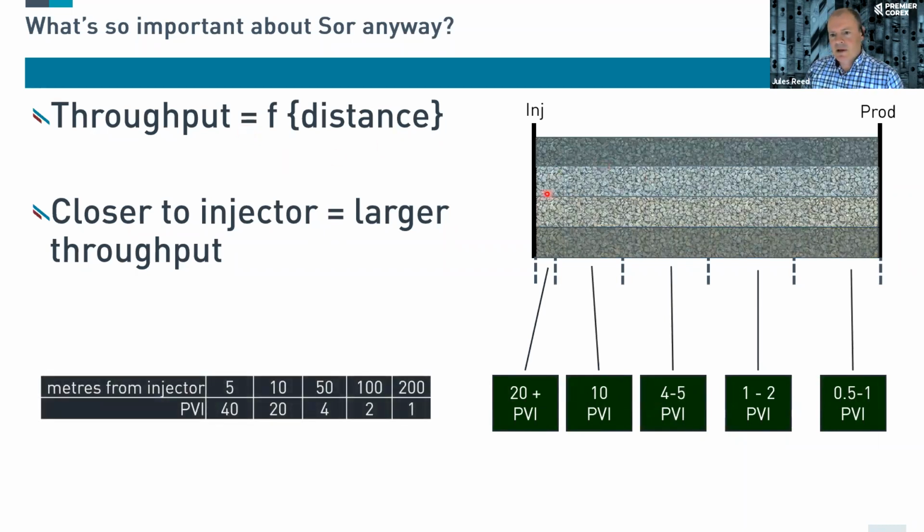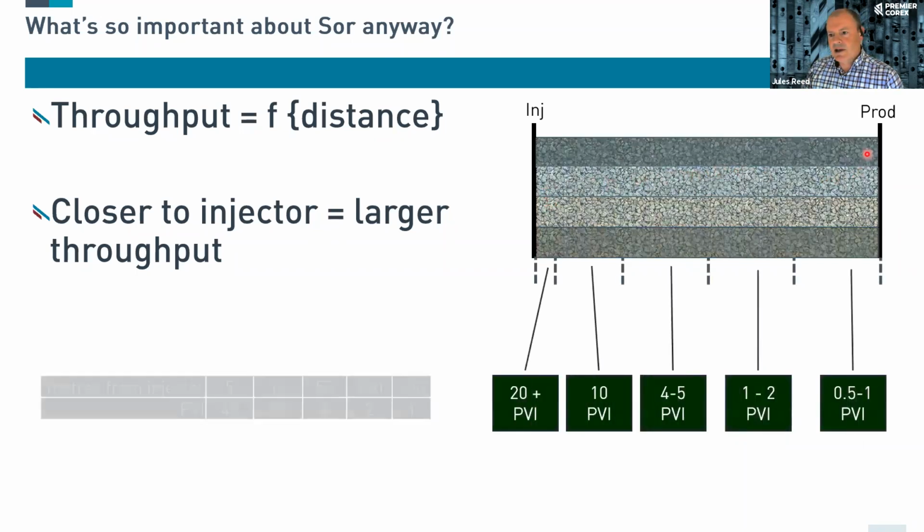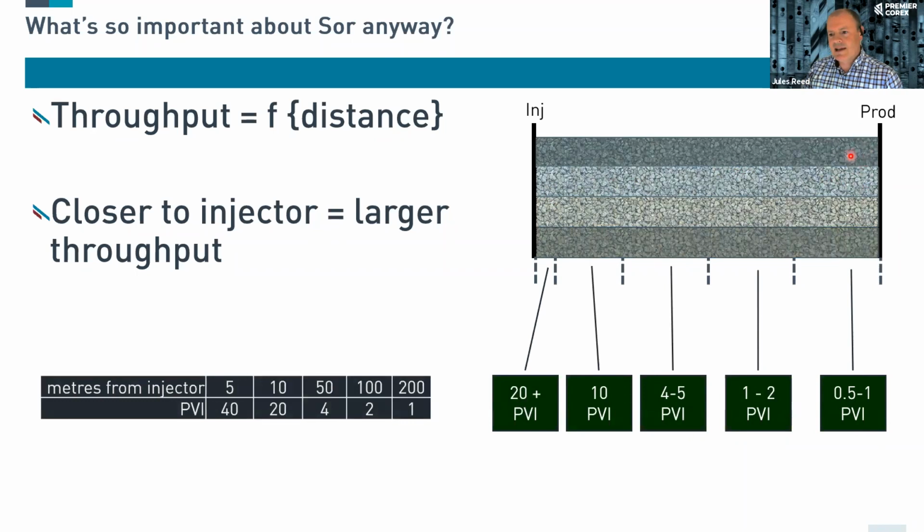As we inject through the sample and the water begins to approach the producer, regions of the reservoir close to the injector have not observed one pore volume of injection.